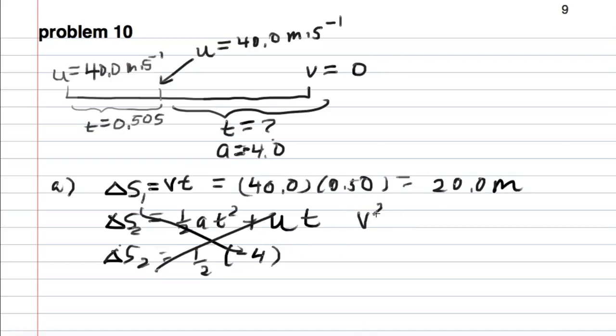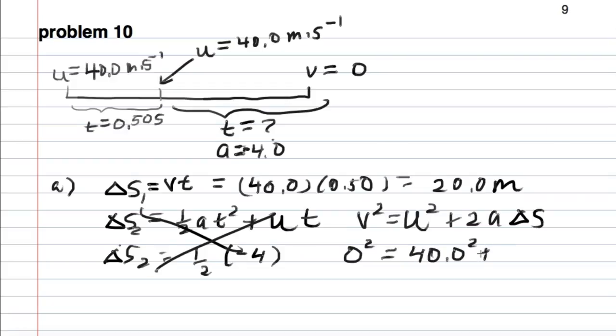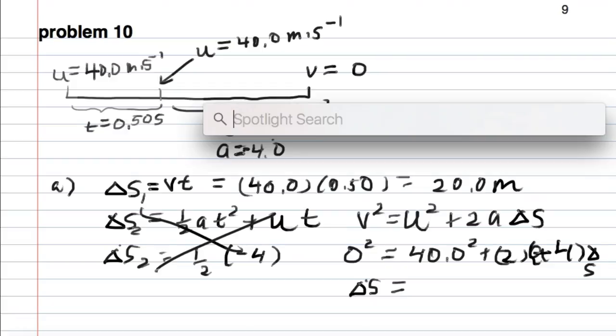Let's try a different formula. So we have V squared equals U squared plus 2A delta S. So we end up at a speed of 0 from a speed of 40 plus 2 times A, which is -4, times delta S. And so when we solve this for delta S, I believe it's 200, but let me just double check that.